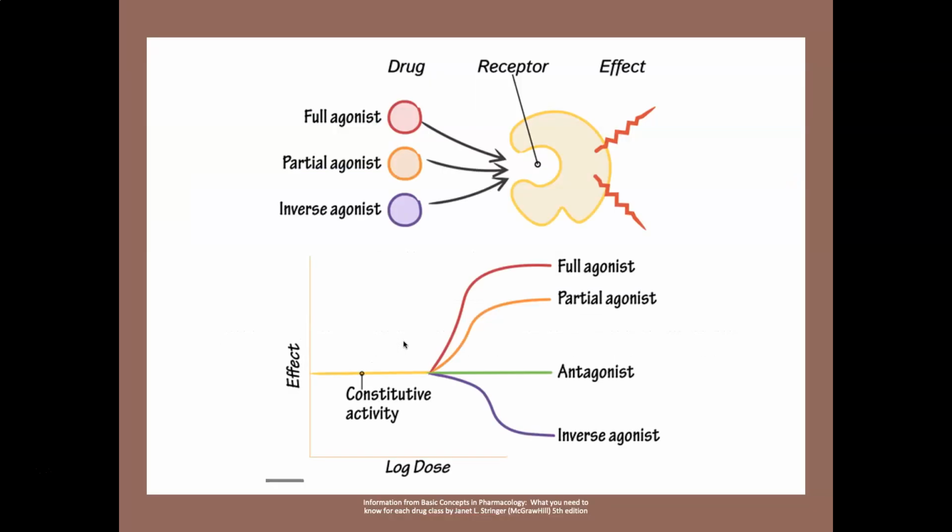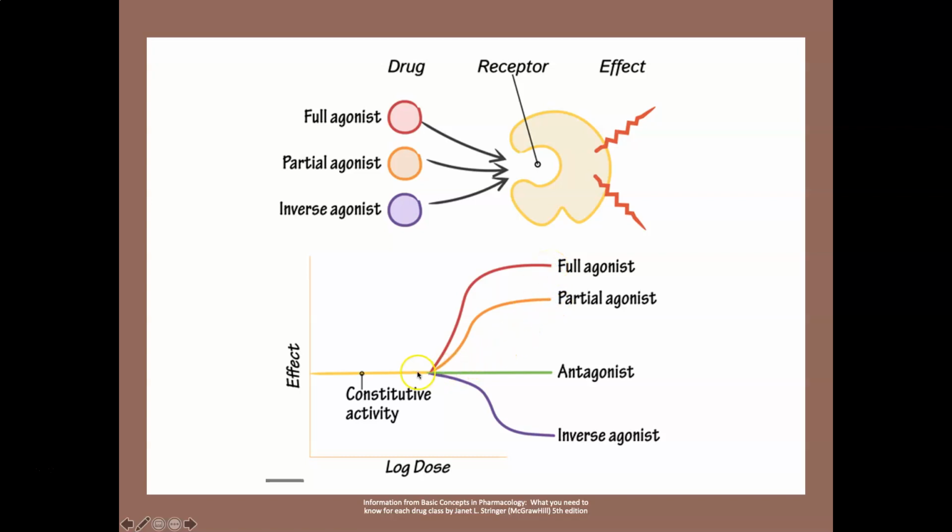So let's talk about that, because that's right here on this next slide. When you have a full agonist bind to the receptor, the effect is that you get the medication fully working. Okay, that's the nice red line here. A partial agonist they show by the orange. When it attaches to the receptor, its effect is that yes, there is a medication response, but it's not as big as the full agonist.